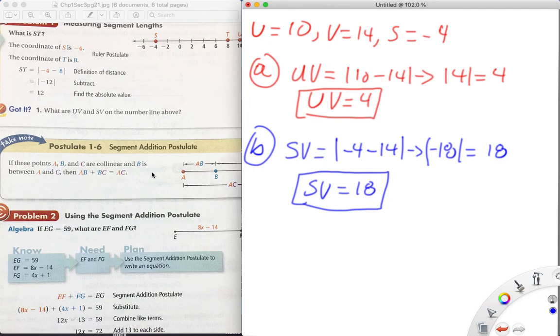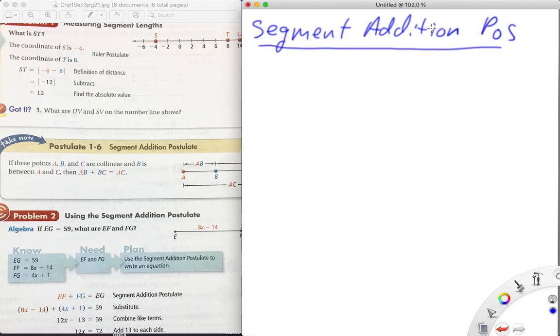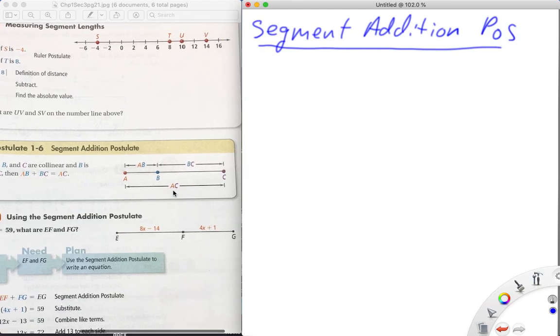Now we have postulate 1-6, which is the segment addition postulate. And the segment addition postulate says that if I have three collinear points.